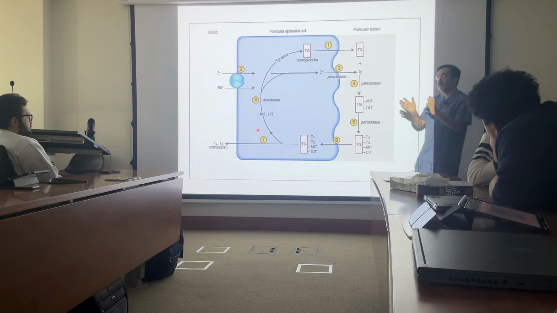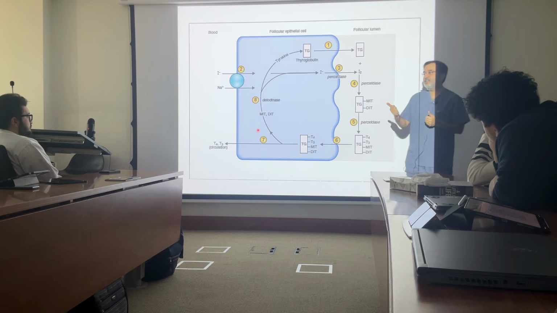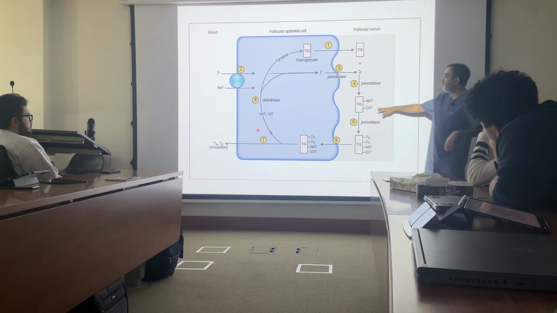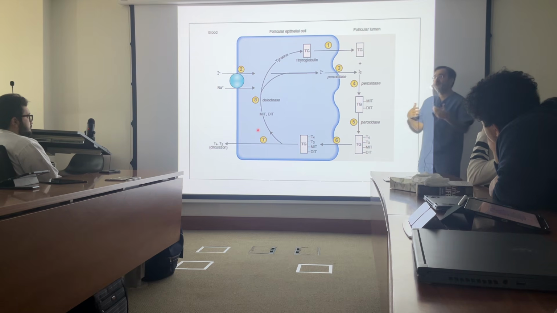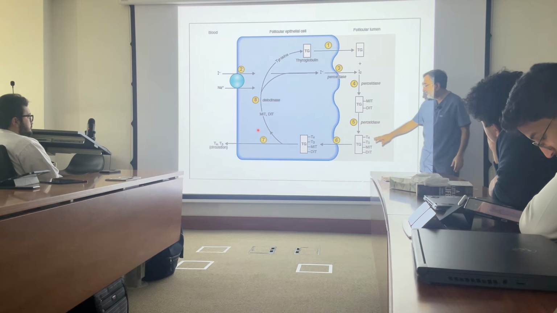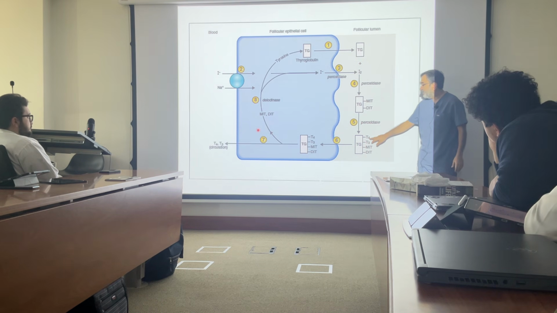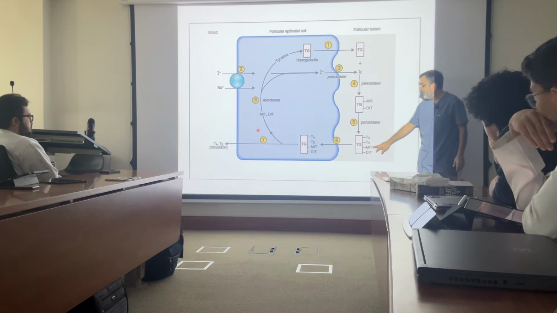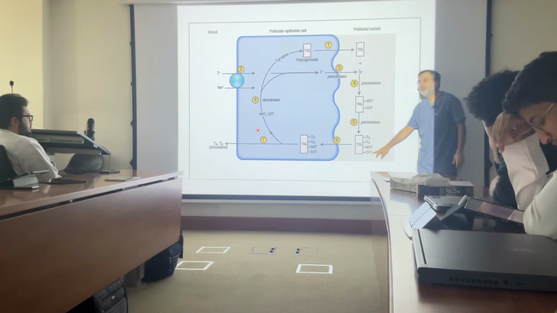The coupling would result in formation of T3 or T4, because if two molecules of DIT combine, then it would be T4. And if monoiodotyrosine combines with DIT, you would have triiodothyronine, T3. So the coupling step, also done by peroxidase, will result in the formation of T4 and T3, and also you have monoiodotyrosine and diiodotyrosine.